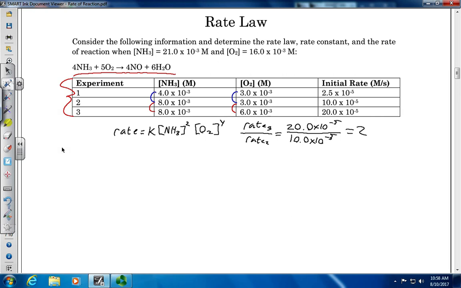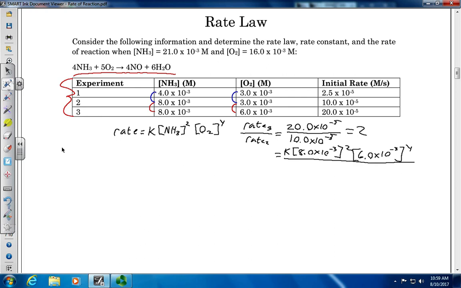Okay. So now we can rewrite our rates. We can say rate 3 over rate 2 is just going to be k times 8.0 times 10 to the minus 3, we know that to be squared, times O2 to the y power, and our O2 in this case is 6.0 times 10 to the minus 3, and it's going to be to the y power.